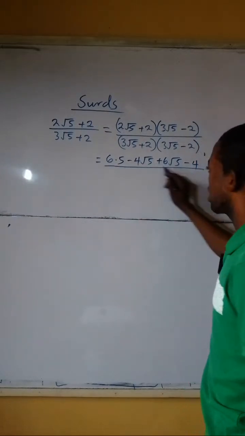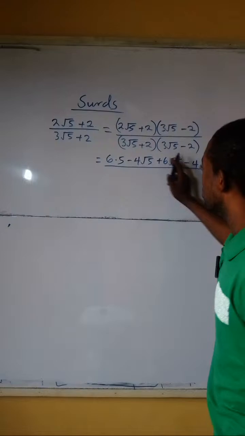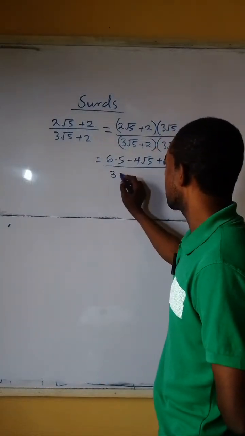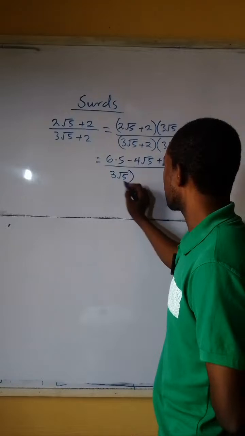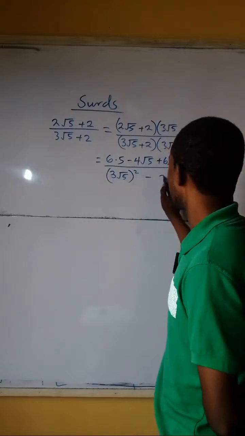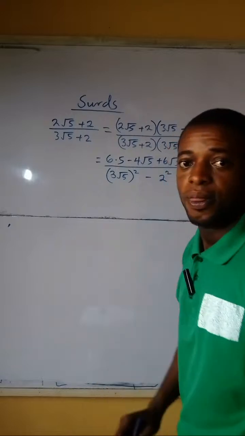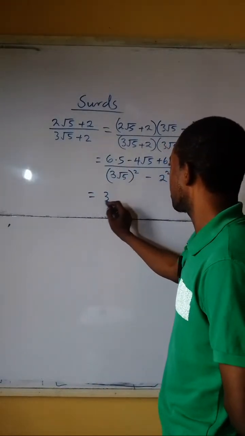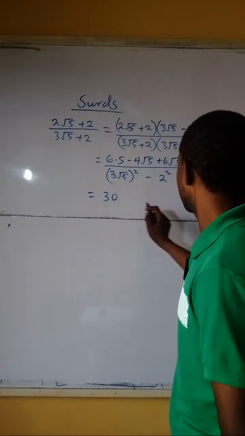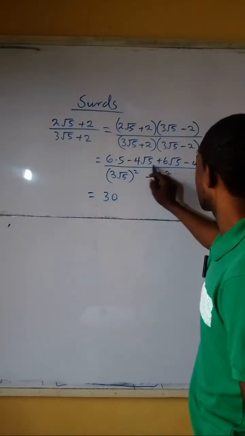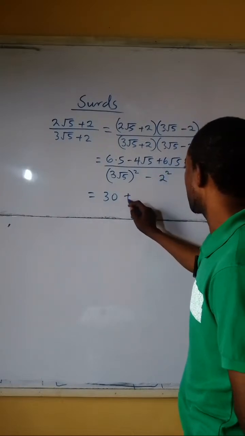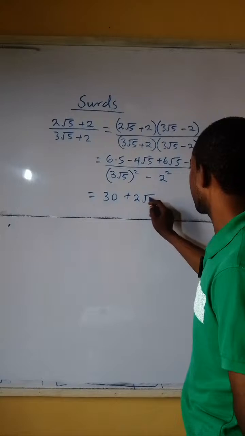Then over here, we have the conjugate surd. This can be written as 3 root 5 all squared minus 2 squared. From here we have 6 times 5, that's 30. Then these are similar surds: minus 4 root 5 plus 6 root 5 gives us plus 2 root 5.